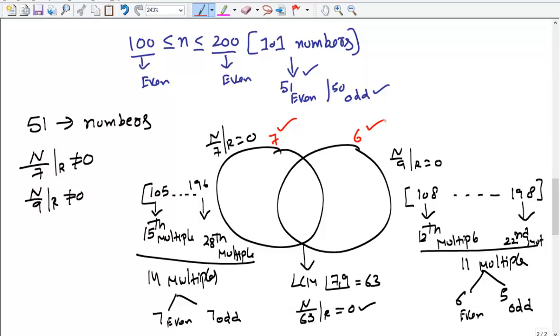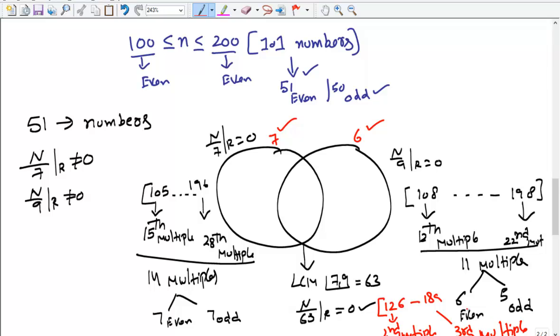Now here n divided by 63, the remainder is 0. How many multiples of 63 are there from 100 to 200 which are even? Now 63 times 2 is 126. That is the second multiple, and the final one is 189 which is the third.